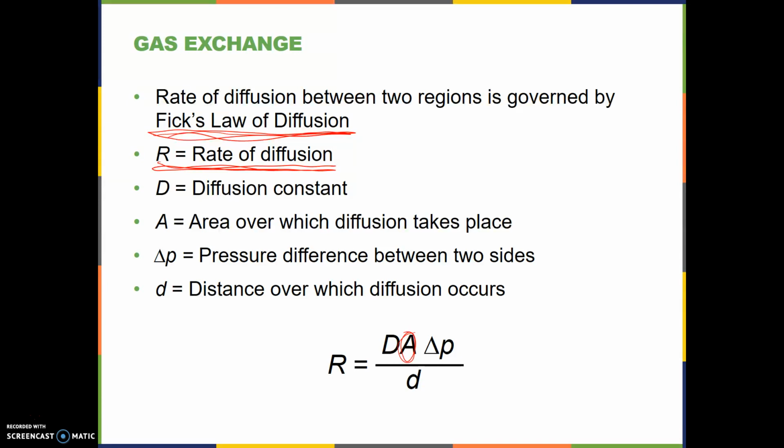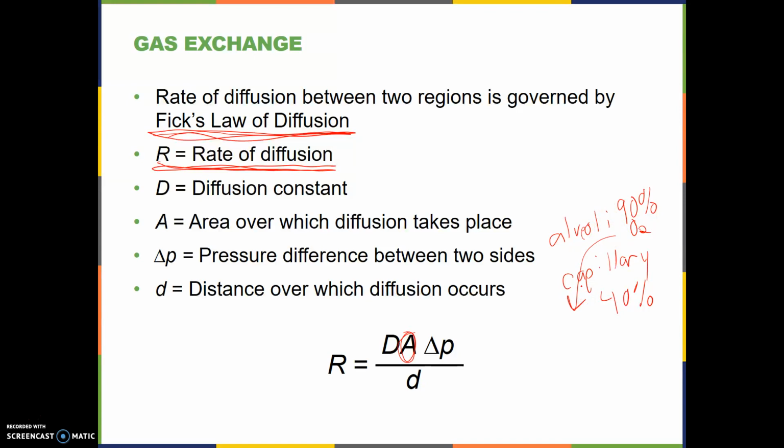So the higher the difference, like if this is your alveoli and this is your capillary, and you have say 90% oxygen in your alveoli, and in the capillary you have say 40%. So you've got a difference of 50%.